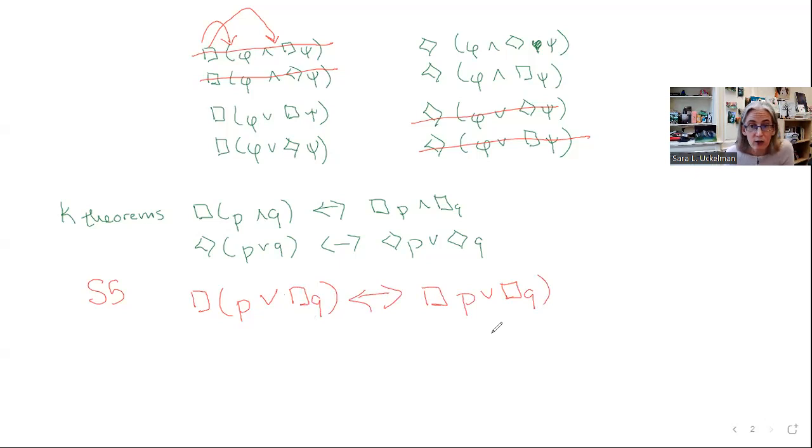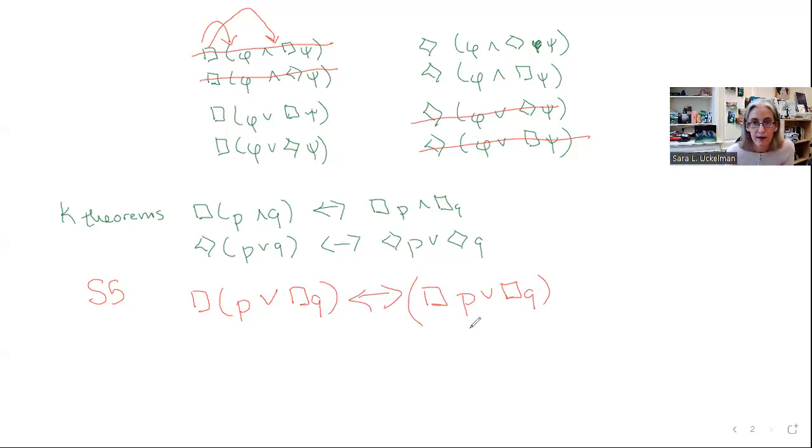So you can't generally do this in systems weaker than S5, because if P or Q is necessary, say P or not P, this doesn't follow that either P is necessary or not P is necessary. Bad reasoning. But in S5, if one of the disjuncts is already modalized, then you can do it.